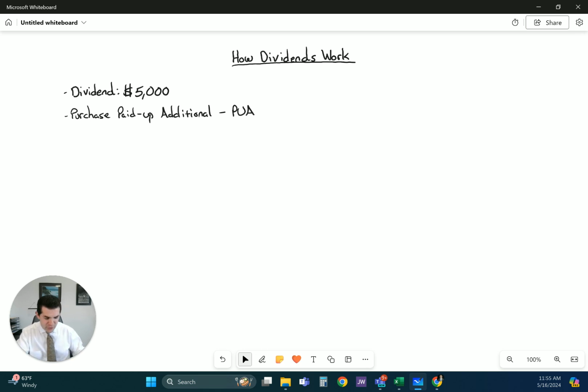Now you might know that term because with a life insurance policy, you can elect to add money to your PUA rider, which maximizes your cash value. But here's how it works. So the dividend terminology here is when you receive a dividend, it purchases you paid up additional life insurance.